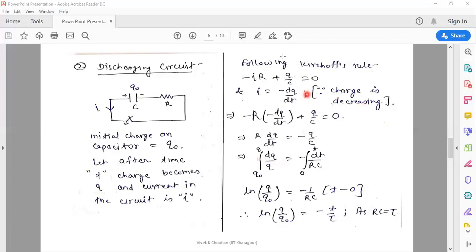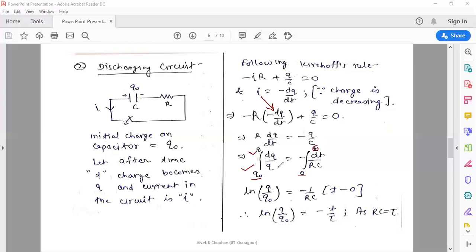So putting this value in the parent equation, we have minus R into the current plus q by C equals 0. Now doing some rearrangement, we will reach here, and after reaching here we'll have to integrate. At t equals 0, the charge over the capacitor was q naught. After some time t, we need to find the charge on the capacitor.